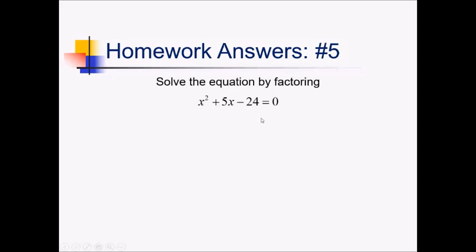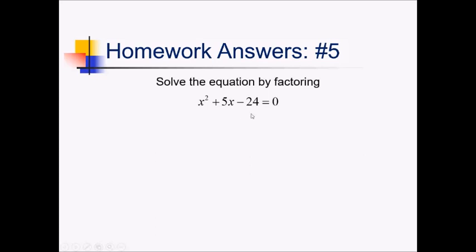For this problem, trying to solve by factoring, we see that our equation is already zeroed out and in standard form, so we just have to factor it now. I need two numbers that multiply to negative 24 and add up to 5. So factors of 24, we've got 1 and 24, which is not going to work. And how about 2 and 12? Nope, that's not going to work either. 3 and 8, though, shows promise.